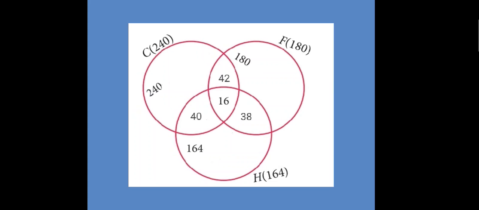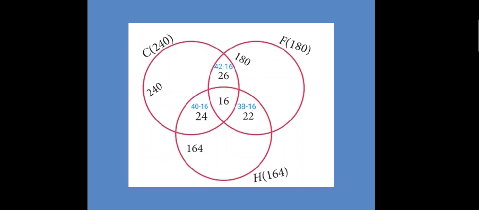and then we should calculate this part alone, that means cricket and football alone. This portion is nothing but cricket and football alone, here this part football and hockey alone, and this cricket and hockey alone. How to do it?